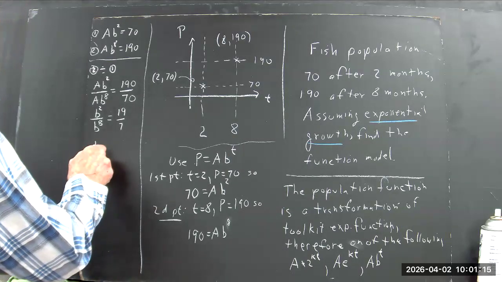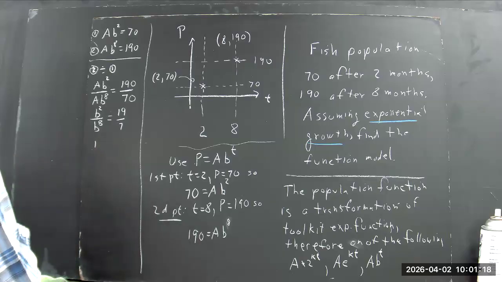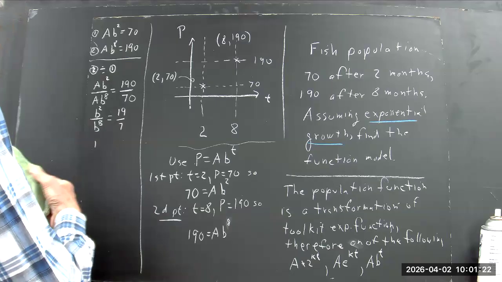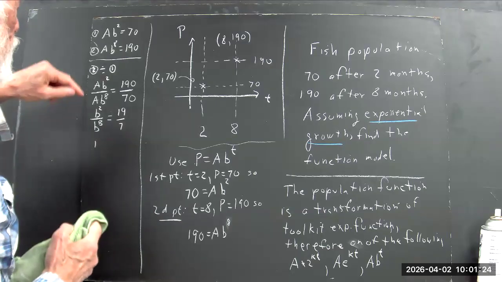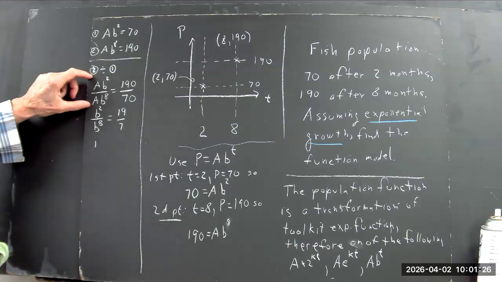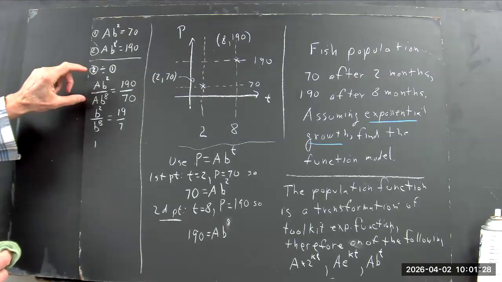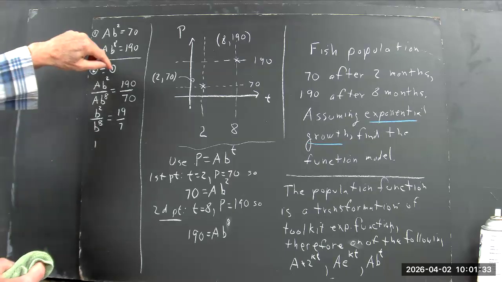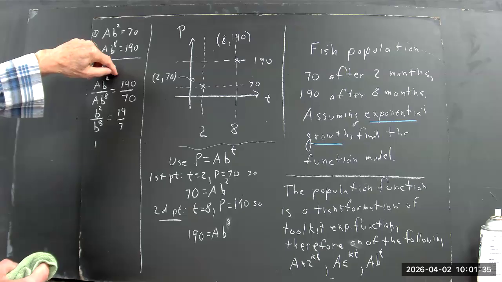Well, that would be, uh-oh. Okay, what did I do here? I did something wrong here. In this step, you're supposed to divide the right-hand side of equation 2 by the right-hand side of equation 1.